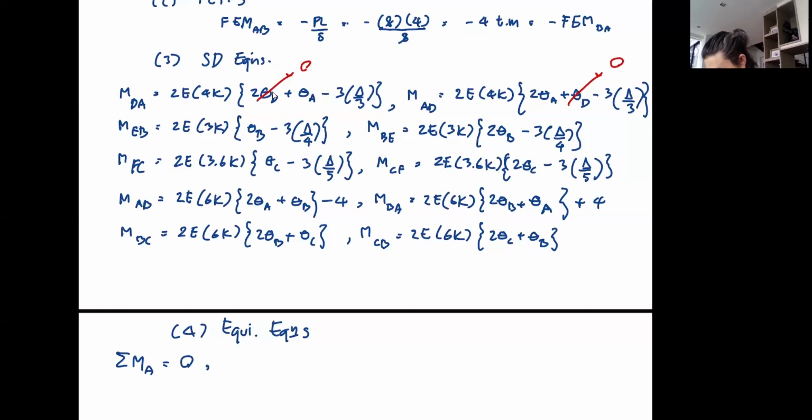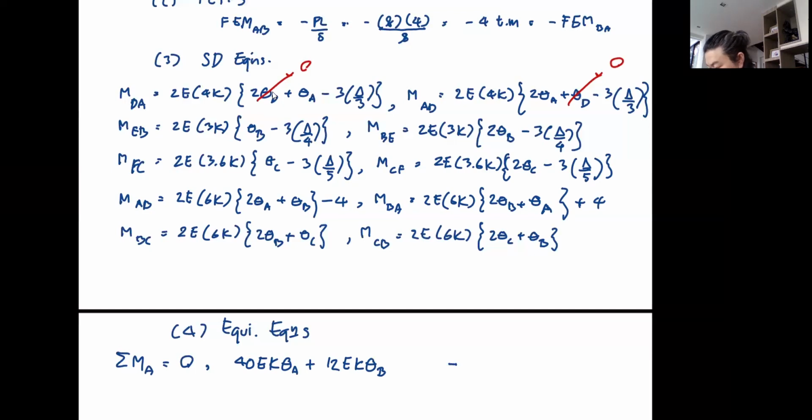So it is 40 K theta A plus 12 EK theta B, then minus, we're going to have theta C too. So I don't know if it's possible for me to skip this.